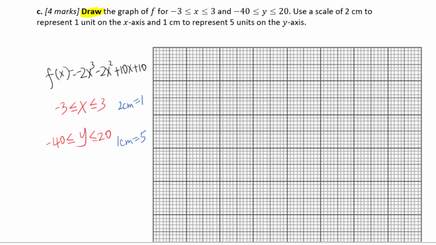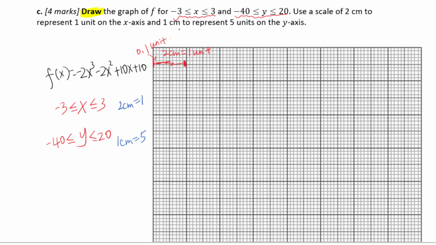You are given this window, x greater than or equal to -3, less than or equal to 3, and y greater than or equal to -40, less than or equal to 20. 2 centimeters represent 1 unit on the x-axis, which means one small unit stands for 0.1 unit.